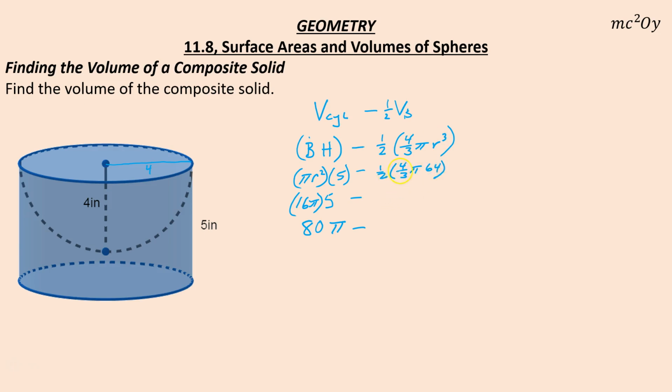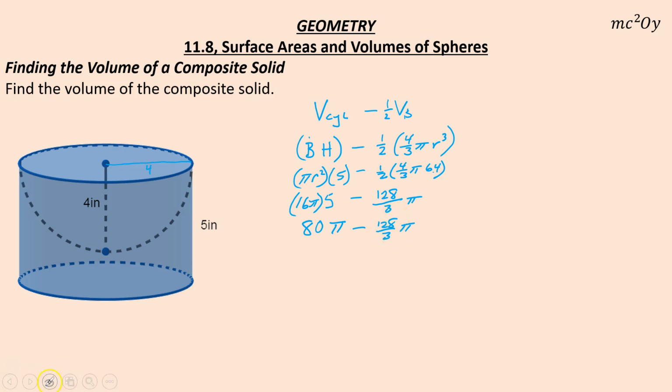Well, 1/2 of 64 is 32, and 32 times 4 is 128, so I have 128/3 pi.